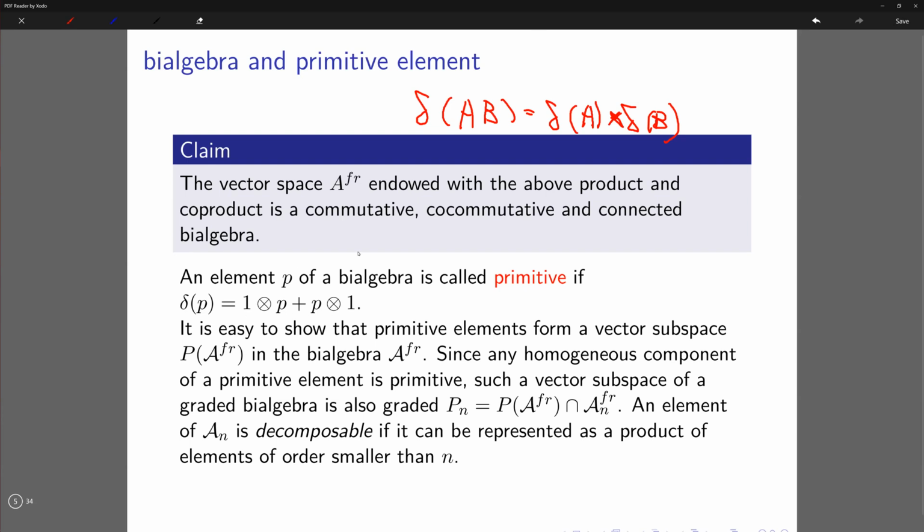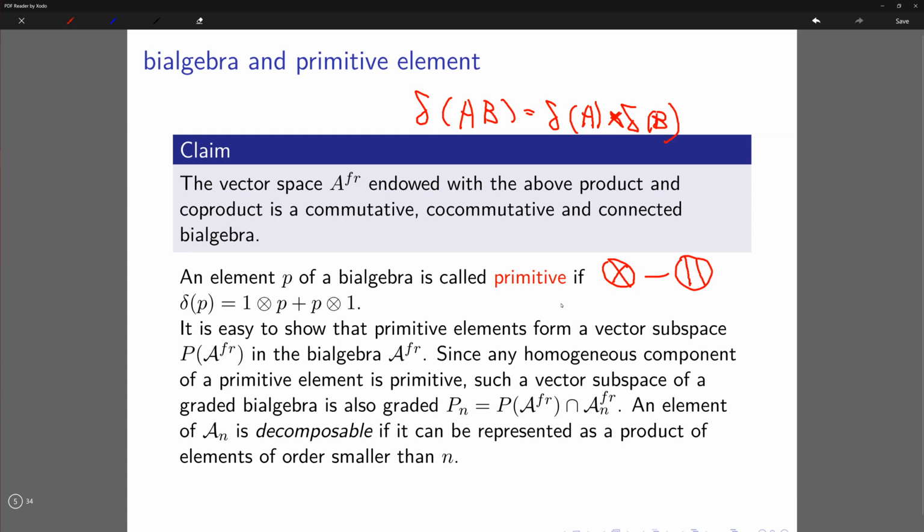And because it's a bialgebra, we can say an element P is primitive if delta P is 1 tensor P plus P tensor 1. An example of a primitive element is a chord diagram minus 2 isolated chords.